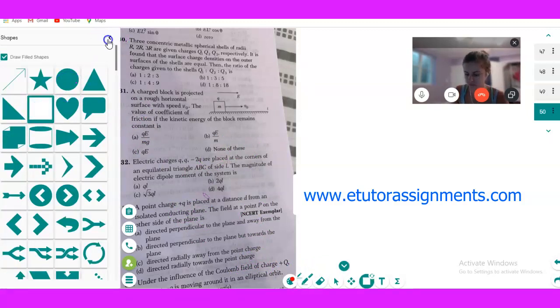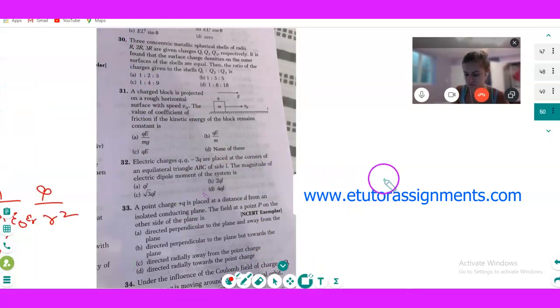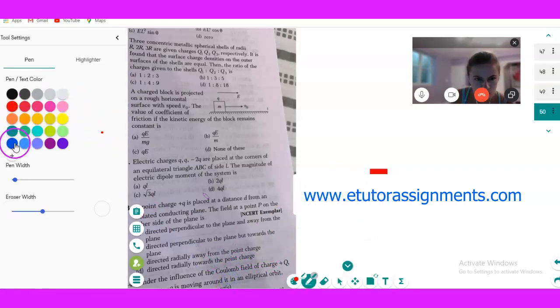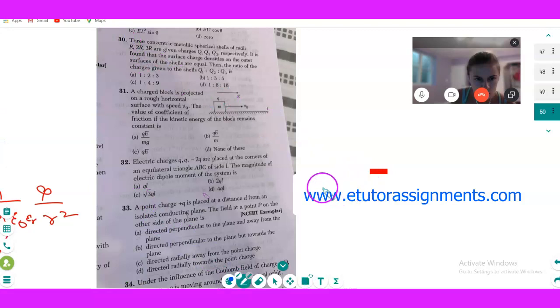Would you like to do this question? Find the coefficient of friction.